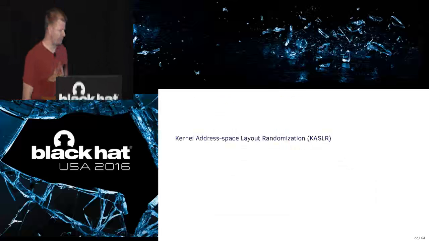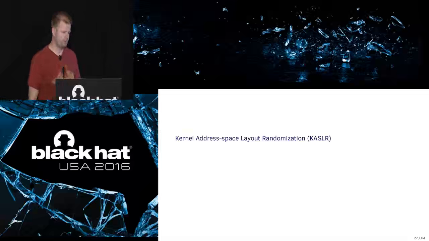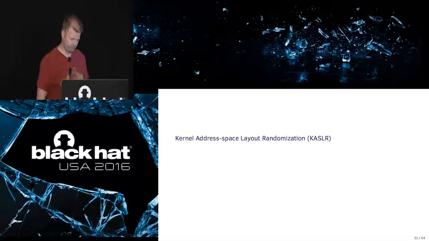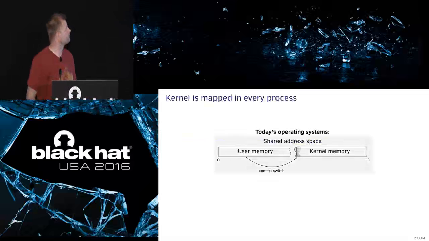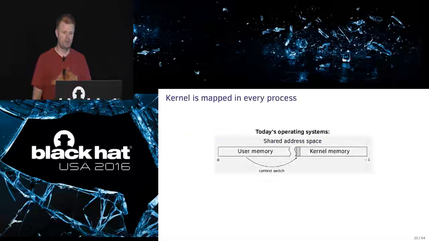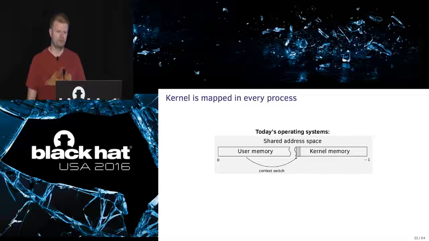So before we can proceed with an attack, we need to know about how modern operating systems use this paging system. And the first thing we need to talk about is that the kernel is mapped in each and every process on the system. This is by necessity. It turns out that user applications often use kernel services like reading from a hard disk or stuff like that.